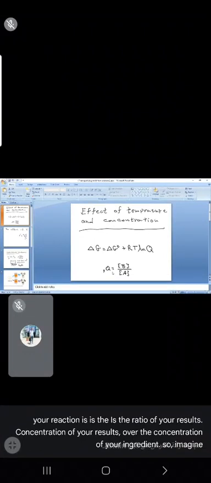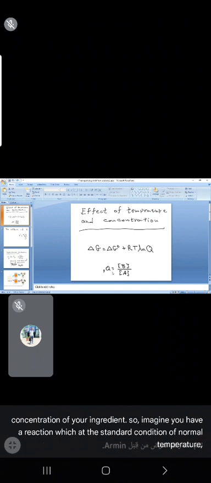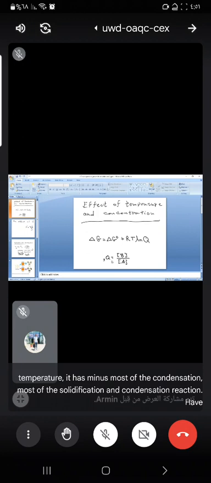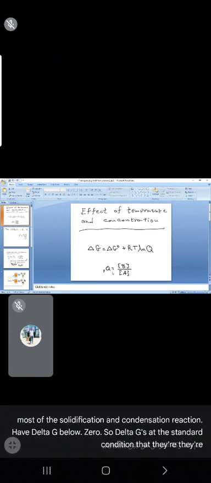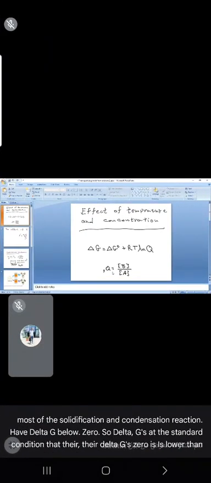So imagine you have a reaction which at the standard condition, at normal temperature, most of the solidification and condensation reactions have delta G below zero.